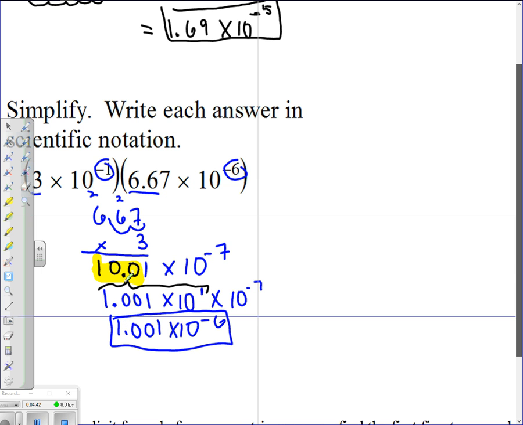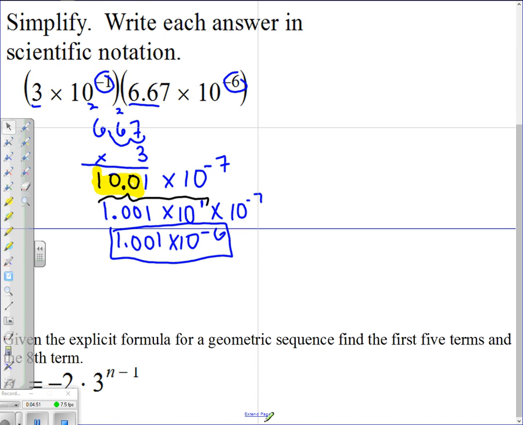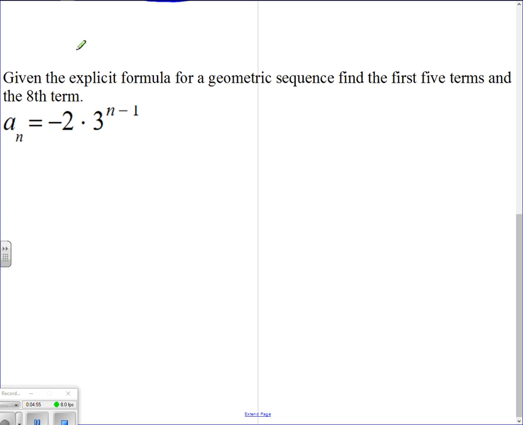Because the decimal moved, the exponents have to change a little bit. The next problem is on geometric series. It says the following: given the explicit formula for a geometric sequence, find the first 5 terms and the eighth term. So here's what they're asking for.